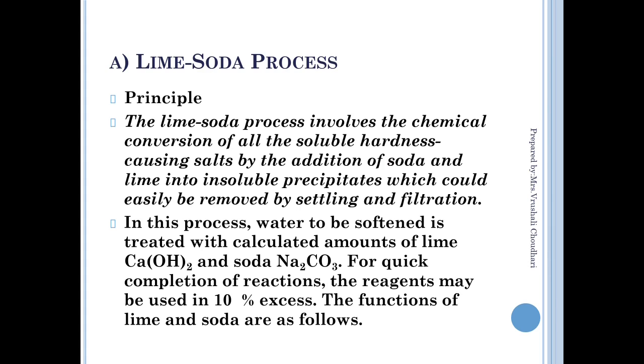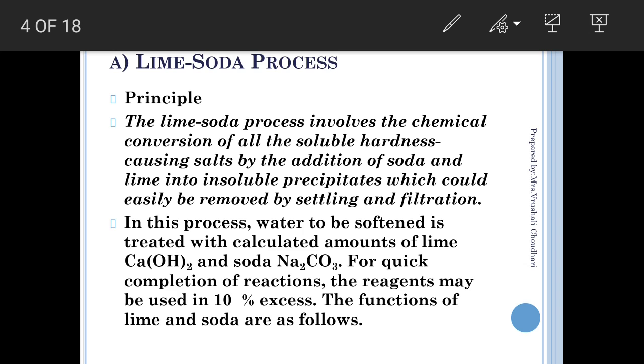In this process, we add a calculated amount of lime, that is calcium hydroxide, and soda, that is sodium carbonate. For quick completion of the reaction, we add 10% more reagent. What is the function?